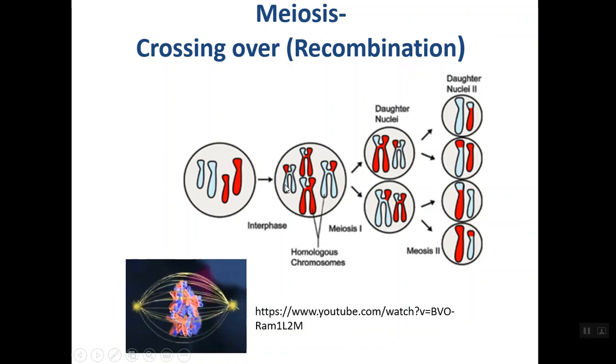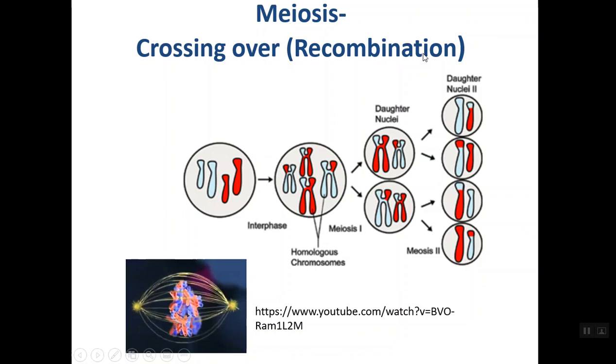So this chromosome is not completely blue anymore, and this is not completely red anymore. It seems like the red piece is now over here, and the blue piece that was over here is now on the red. So there is a swap of pieces of chromosomes, and this swap is known as crossing over or recombination.